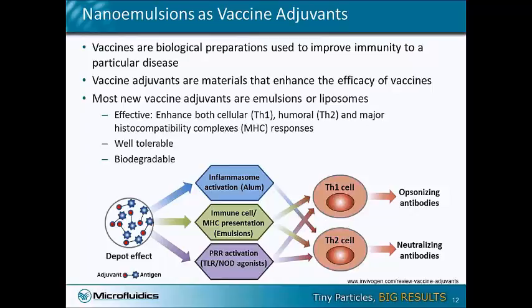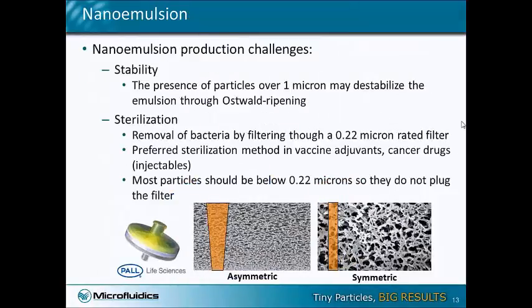This slide tries to show why achieving a certain particle size and measuring the particle size is important for the production of nanoemulsions. Because the particle size will not only affect the stability of the nanoemulsions, it will also affect some of the post-processing steps, such as sterile filtration.